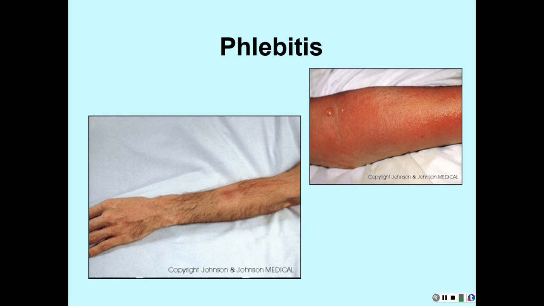And then you're going to restart your IV in the other extremity. So you do not need to call the physician for that. Okay, that's something that you can do as nursing interventions for this problem.